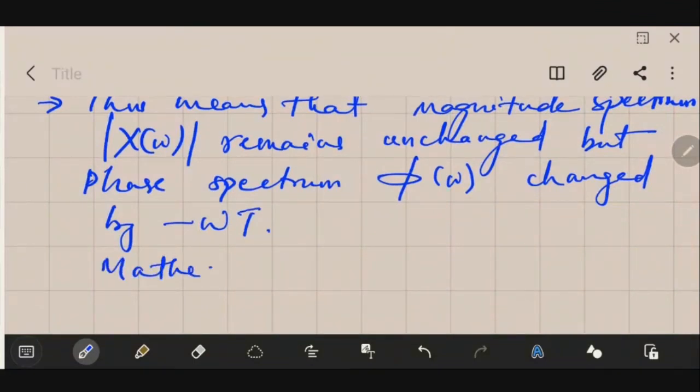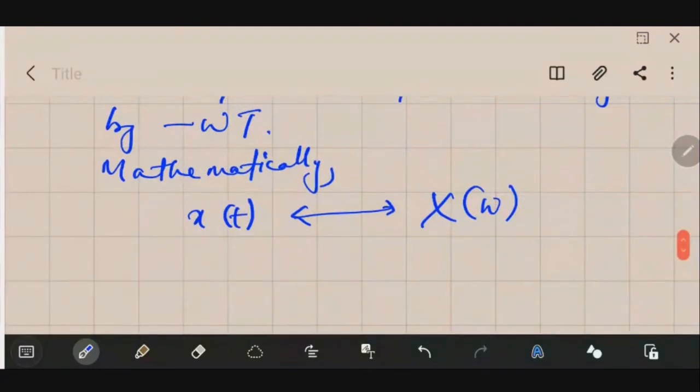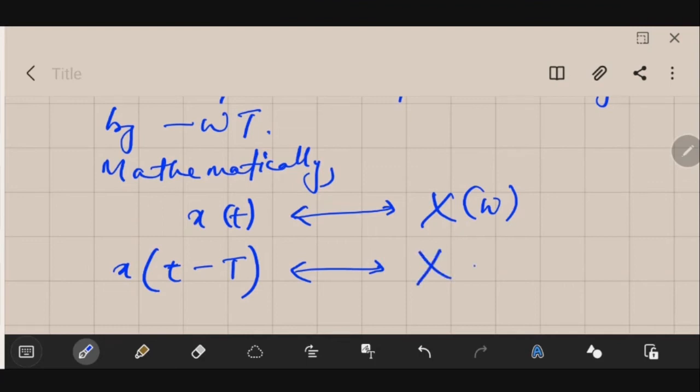So mathematically, we could say that if a signal x of t is there, and its Fourier transform is capital X of omega, then if we are shifting the signal in the time domain, that is x of small t minus capital T, so you could see, I have just delayed the signal in the time domain, then if we find its Fourier transform, it will be equivalent to X of omega multiplied with e to the power minus j omega T. So if you are time shifting a signal, then it is equivalent to multiplying e to the minus j omega T in the frequency domain. Got it?